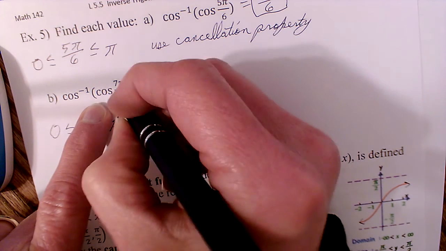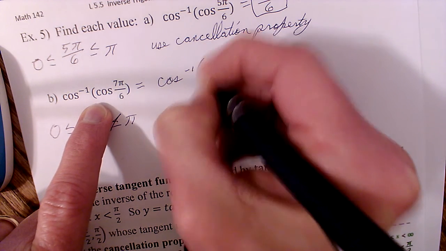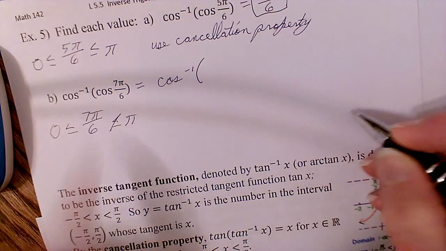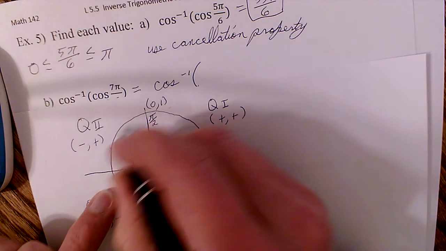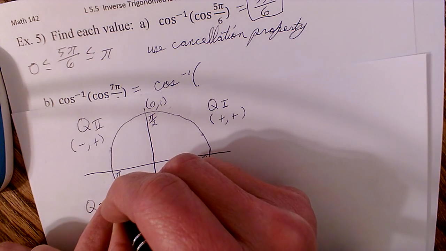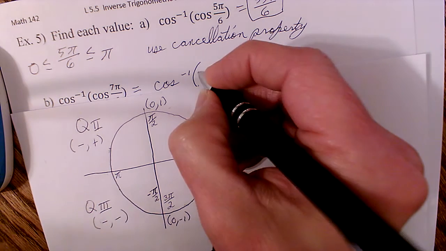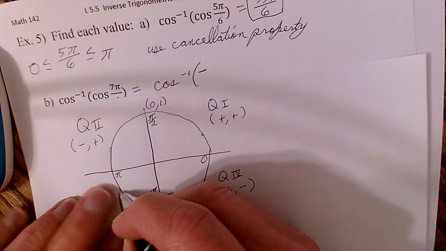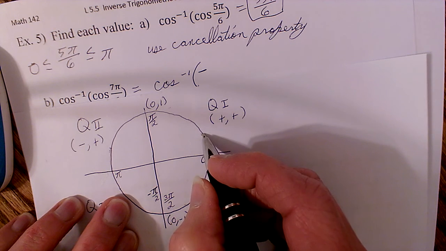We're going to have to figure out what's the cosine of 7 pi over 6, and then we'll take the inverse cosine of that. So let's see, 7 pi over 6 on a unit circle is going to be past here and down here by pi over 6. First of all, our cosine value is going to be negative, so we know we'll get something negative. It's the same value, only negative, as what we would get if we were doing pi over 6.